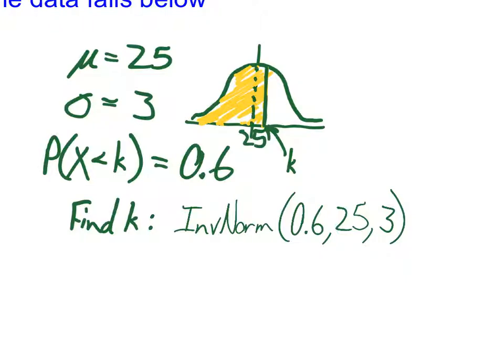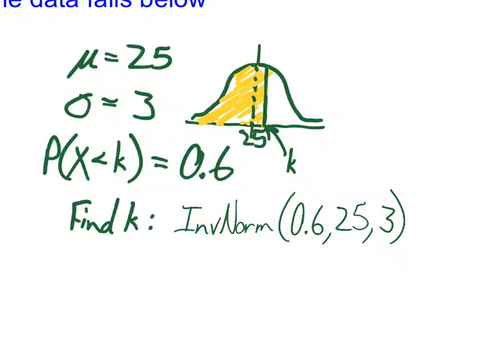Or actually, with this it's doing kind of the reverse process. For the normal CDF, it's finding the integral from your lower bound to your upper bound. So that's why it's area under a curve.